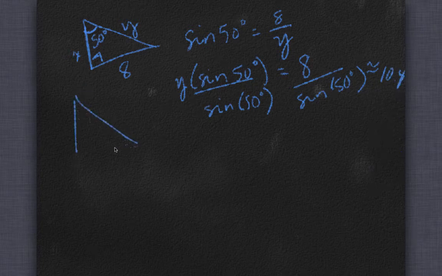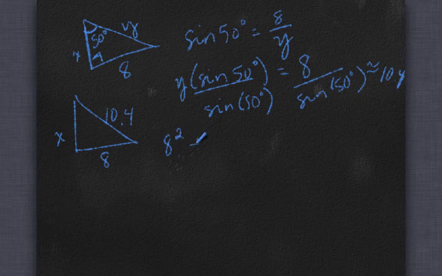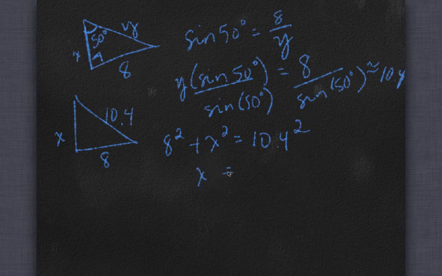Okay, so we have 8, 10.4, and we need this one. So 8 squared plus x squared is 10.4 squared. X squared is 10.4 squared minus 64.